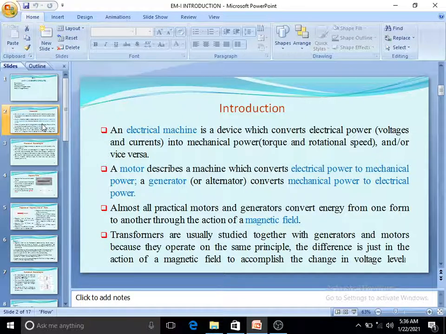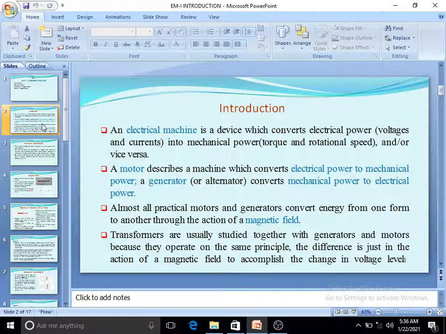These are actually transducers, which convert energy from one form to another. If the input form is mechanical and you need to convert it into electrical, we require a generator. If the input form is electrical and you need to convert it into mechanical, the transducer is the motor. So mainly in our electrical machines, the transducers are two: the electrical generator and the electrical motor.